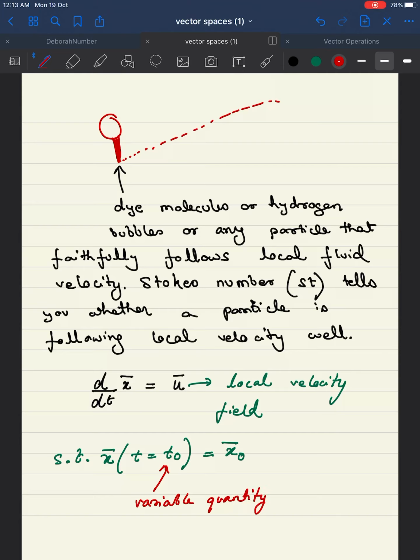So if you solve this differential equation subject to this particular condition, you will end up with solutions that consist of a set of parametric equations in t naught. Okay, good. So this helps us solve what a streak line is. And then we have the third and the final category, which is called the path line.